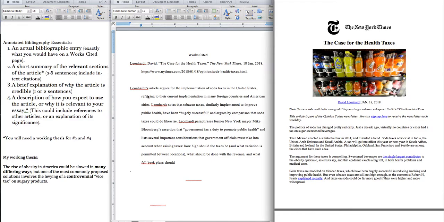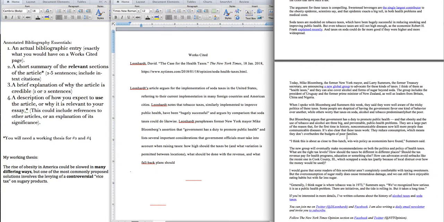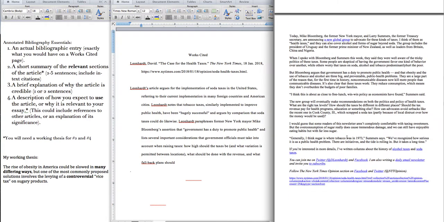Instead, what I've realized is that the strongest part of this article is his description, mostly on page 2, of different things that different legislators have said about the soda tax. How does the government think and feel about the soda tax?